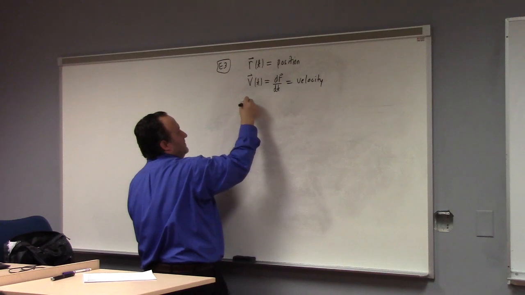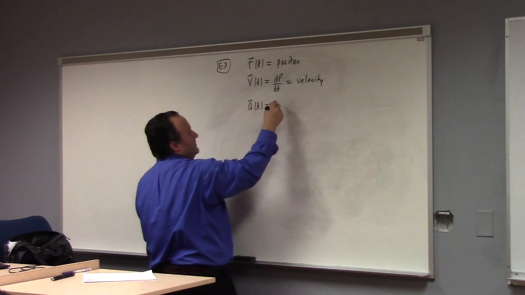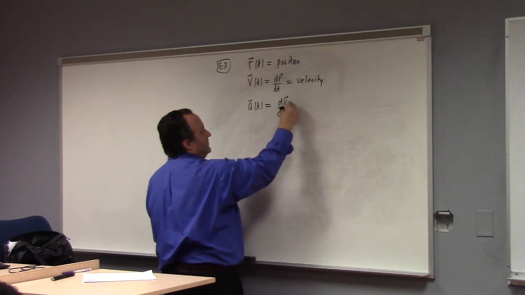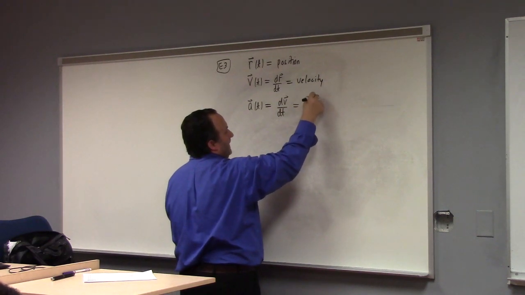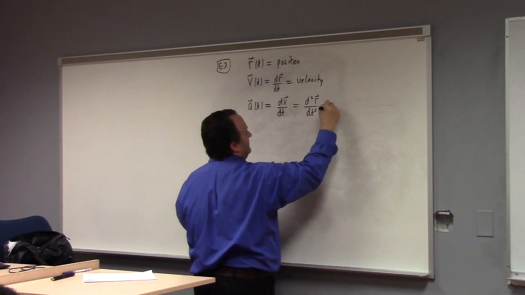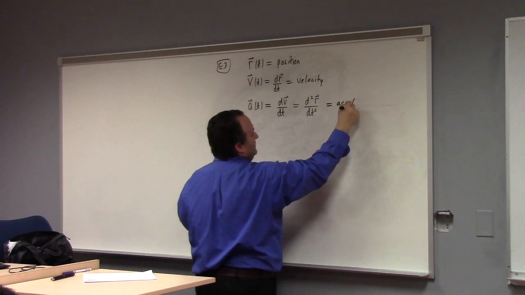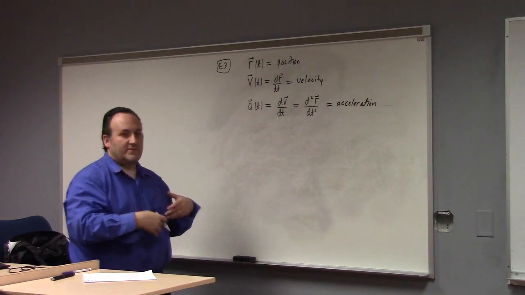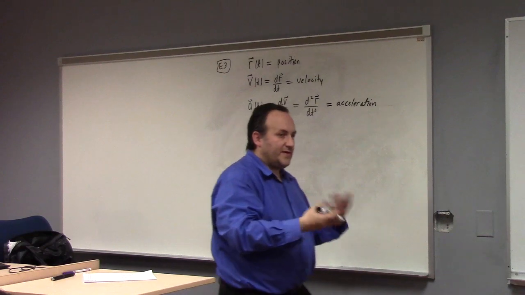The acceleration at time t is equal to dv dt, right? Which is equal to d squared r dt squared. This is acceleration, right? So in 2 dimensions, properly speaking, the position, the velocity, and the acceleration, these are all vectors.